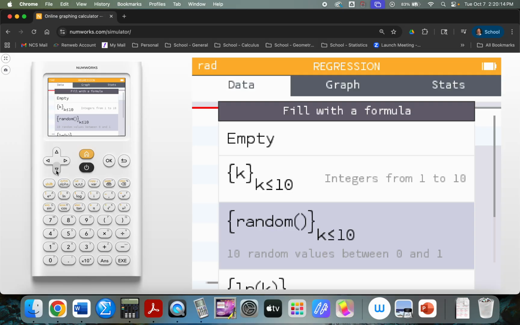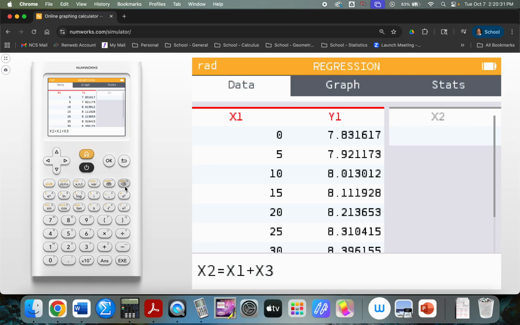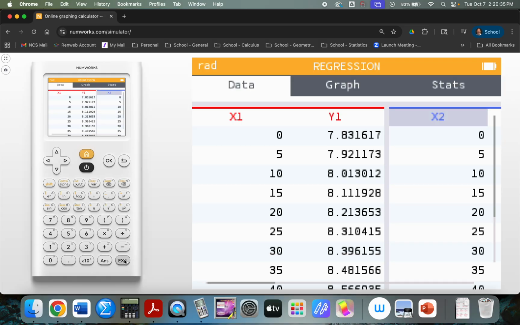And they have all these different choices here. The one that I really want is just X1, right? I want to keep that data. I usually go down here and pick this one and then just back over it. And it automatically fills that with what was in X1 without you having to retype.